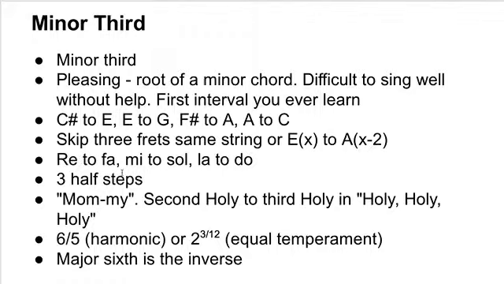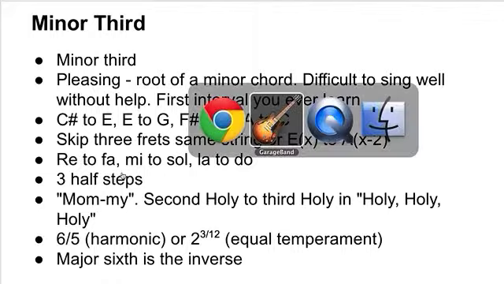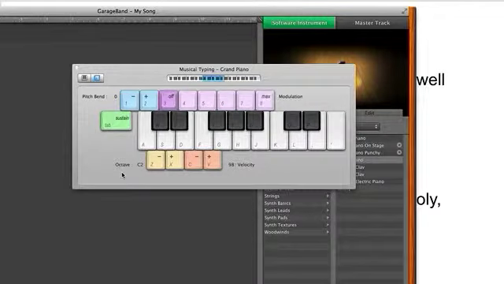The math of it, the harmonic is 6/5, and it's 3 12th roots of 2 in equal temperament. The inverse of a minor third is a major 6th. So let's do D to F. The inverse of that is F up to D, and that's a major 6th.